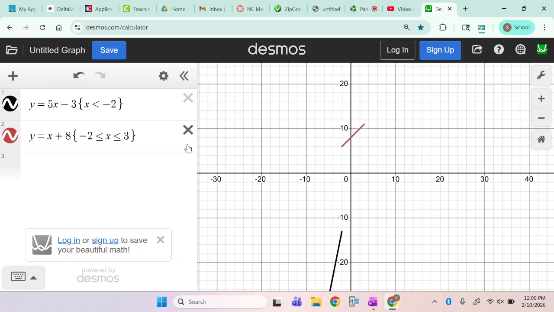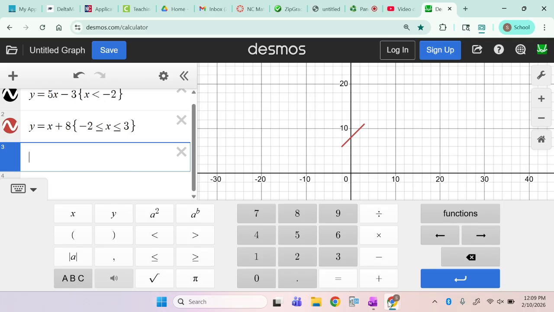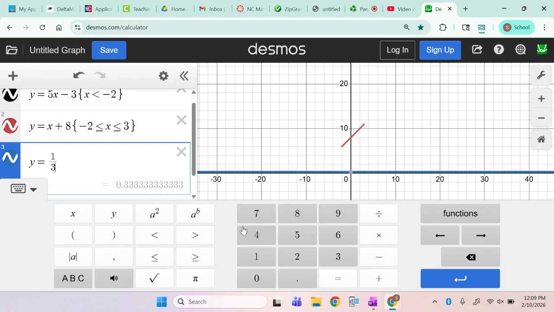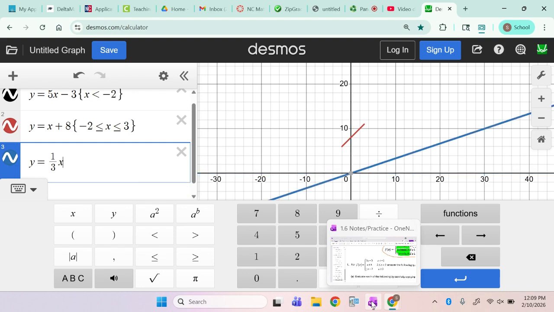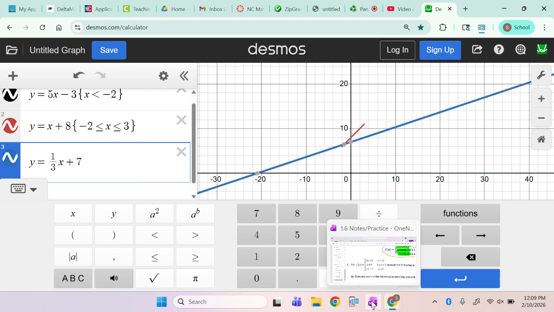Then my last one. y equals 1/3 x plus 7.